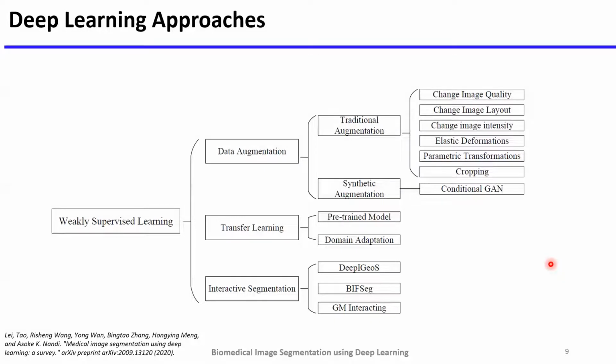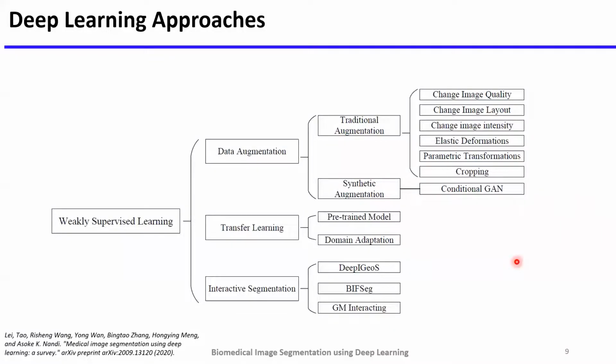And you can go for transfer learning also. Okay, so here we'll be using pre-trained models. Apart from data augmentation and transfer learning, there is one more thing, that is interactive segmentation, because manually drawing image segmentation labels is usually tedious and time consuming, especially for 3D volume data.